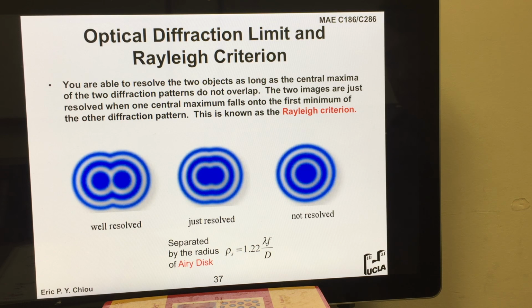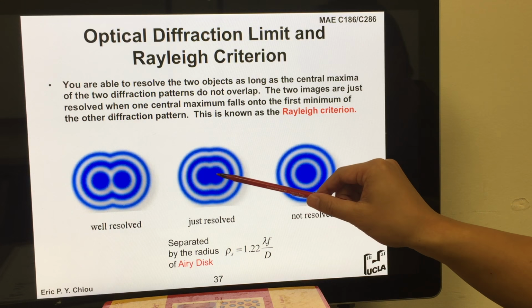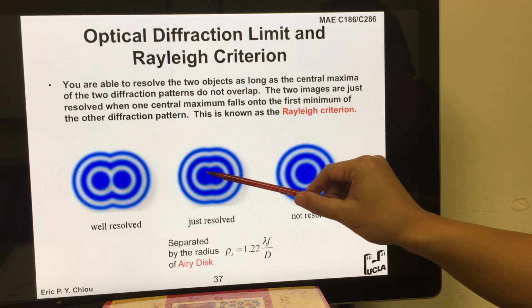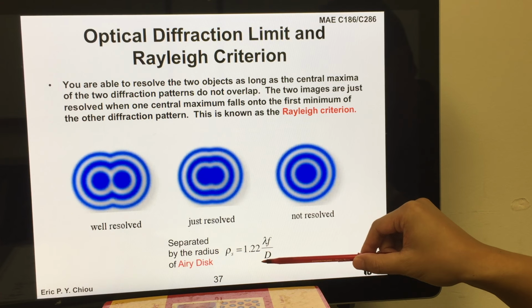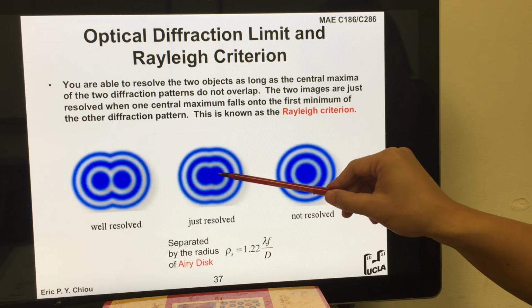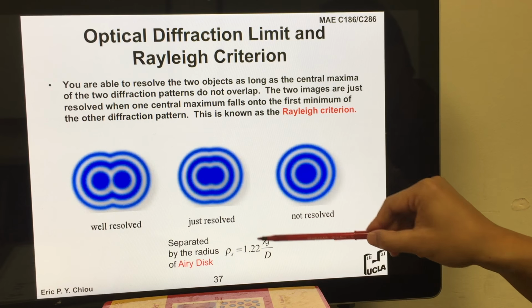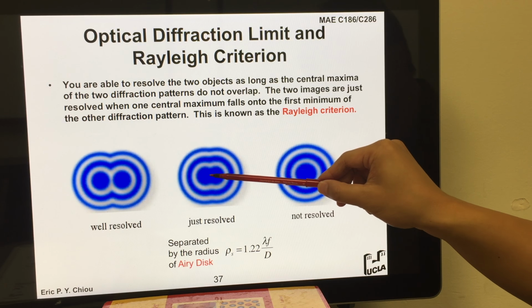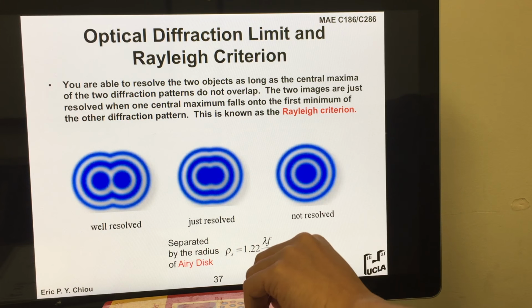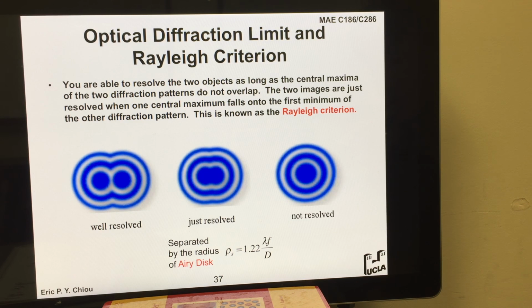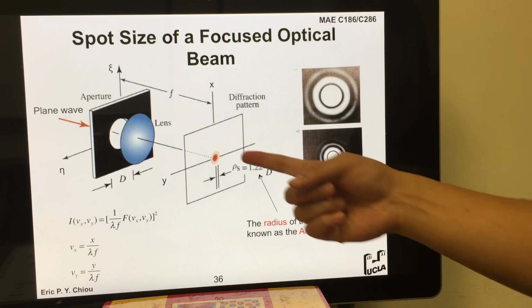This is the rule called the Rayleigh criterion. It says that when the centers of two very small dots are separated by a distance equivalent to the Airy disk pattern, then you won't be able to resolve the two spots. So this is where the optical diffraction limit comes from.